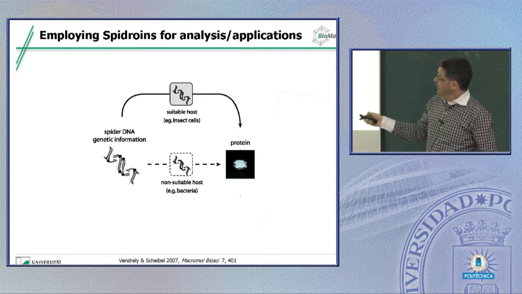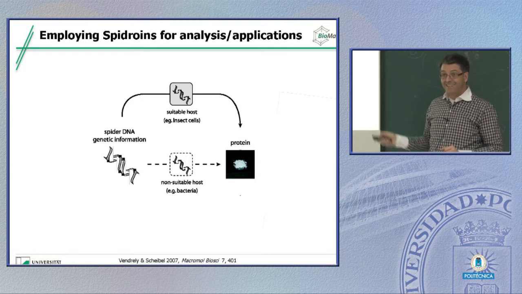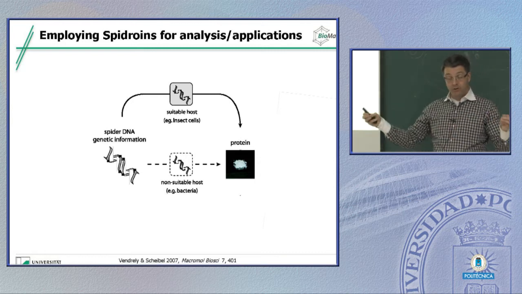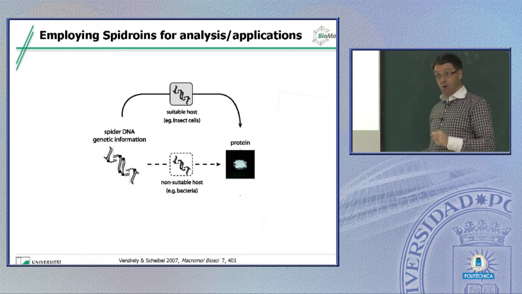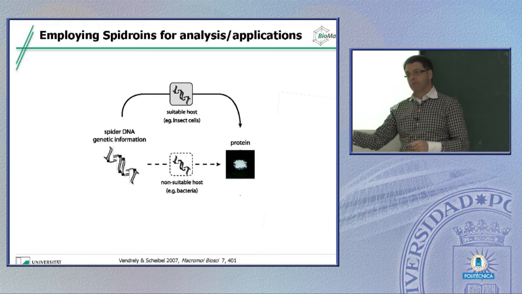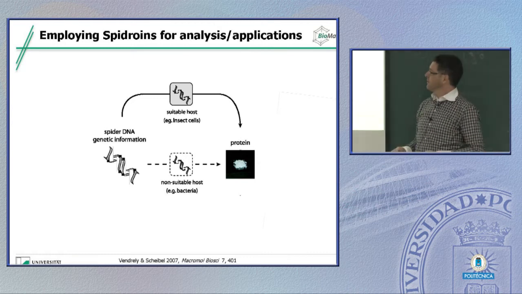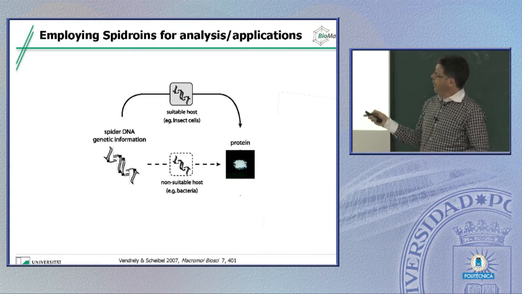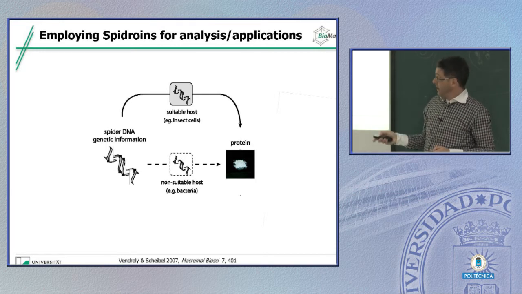What you could do is use a host that can deal with that DNA codon usage. For instance, the goats, they could do it. They were good enough, but they produced it in the milk, and I told you about the problems with the milk. Or you can use, for instance, insect cells, and we did that.